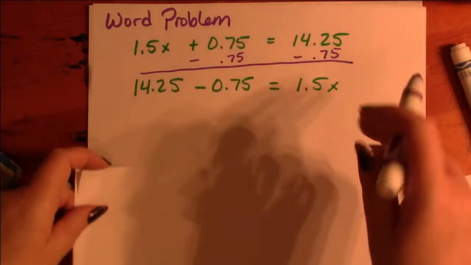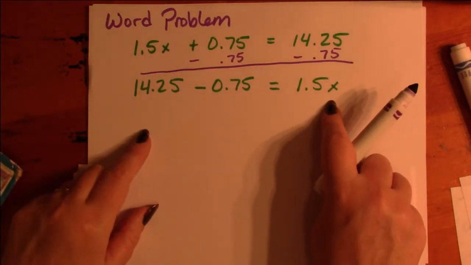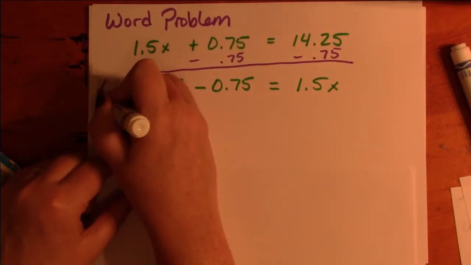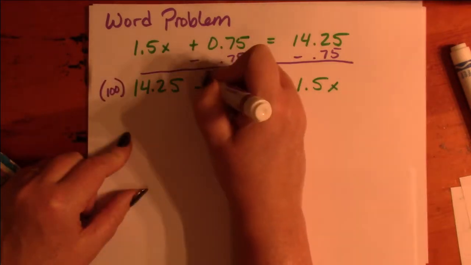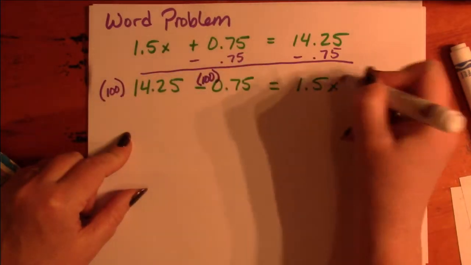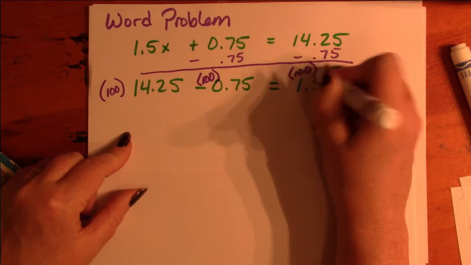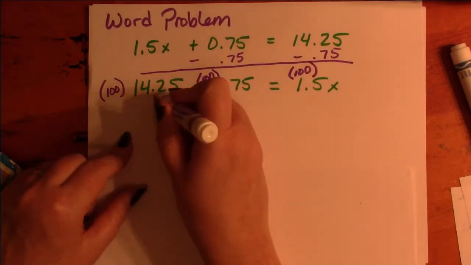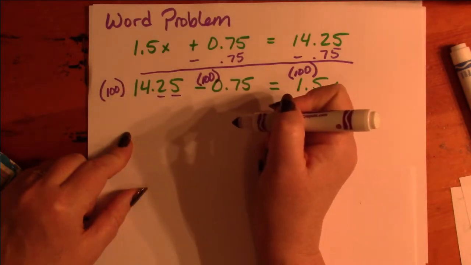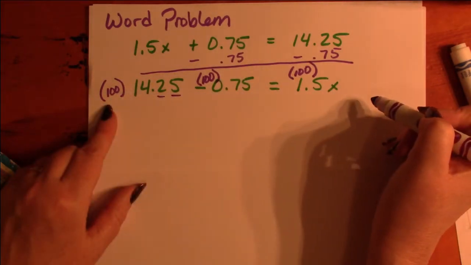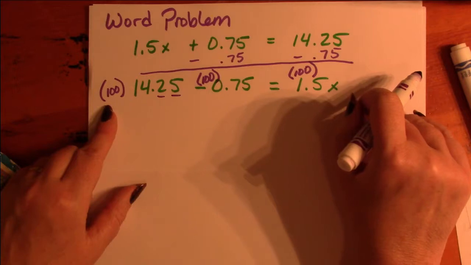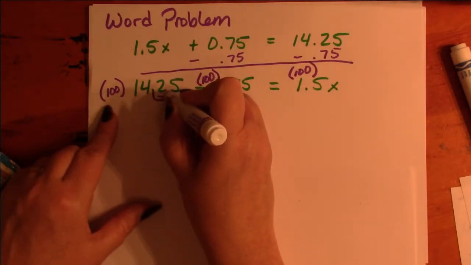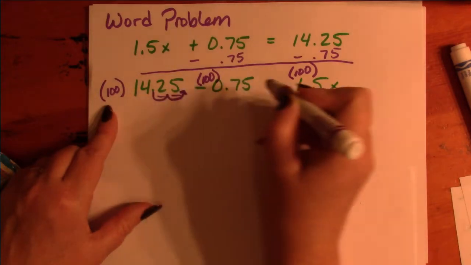Now, they don't want any decimal places in their answer. So what we're going to have to do is multiply everything in the equation by how many places there are. Tenths, hundredths. If we multiply everything by 100, all the decimals go away. Which means we're going to move this decimal place 2 times.